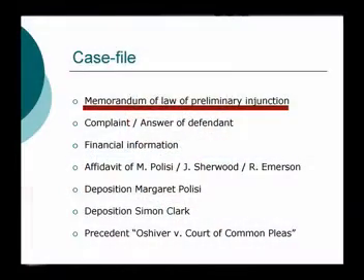At first, you find a memorandum of the law of preliminary injunction. What is a memorandum of law? It is a 2-3 page document written typically by an associate in the law firm and addressed to a senior lawyer. It summarizes the law on a given topic.